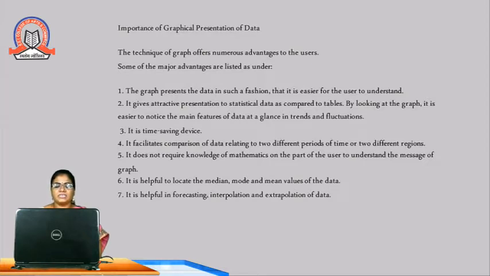Comparison of data is easy, and knowledge of mathematics is not necessary when you are studying from the graphical representation. Accurate location of mean, median and mode of the data is possible. It is helpful in forecasting, interpolation and extrapolation of data.